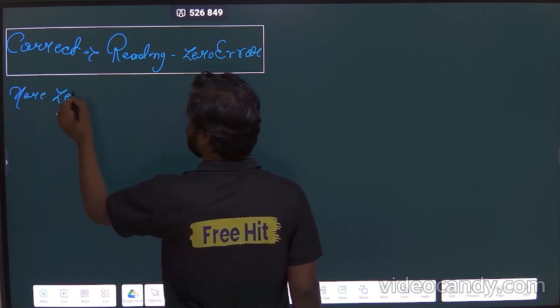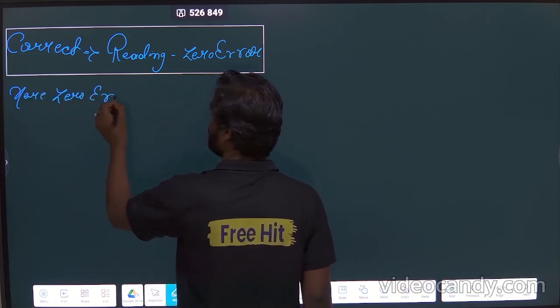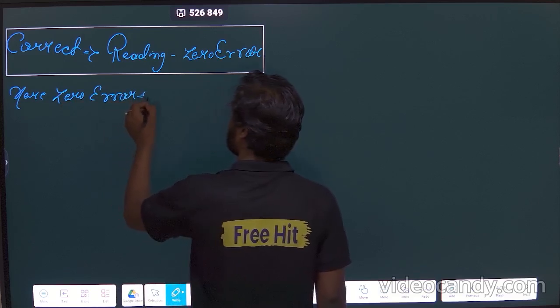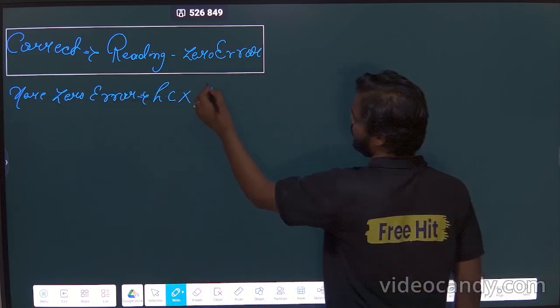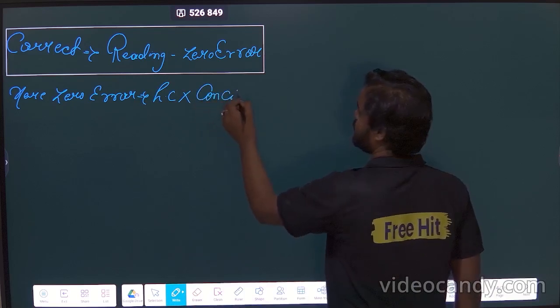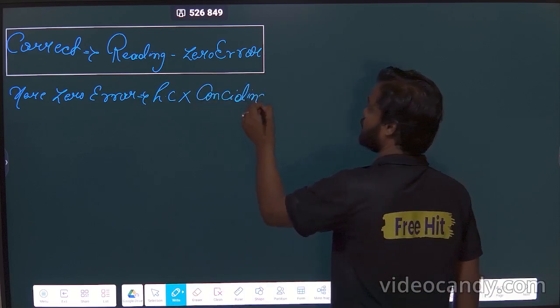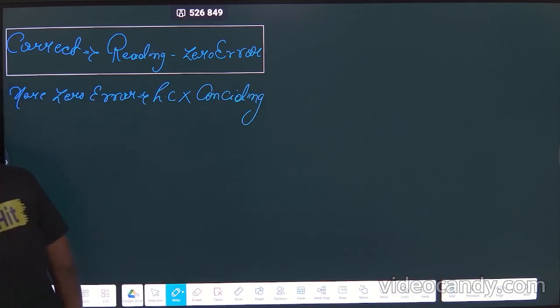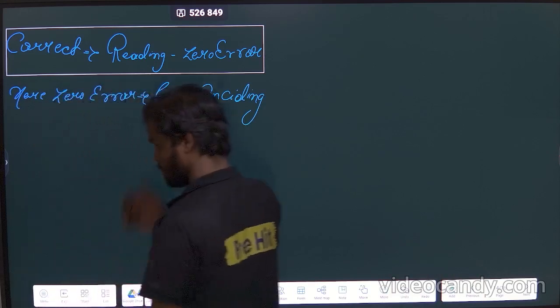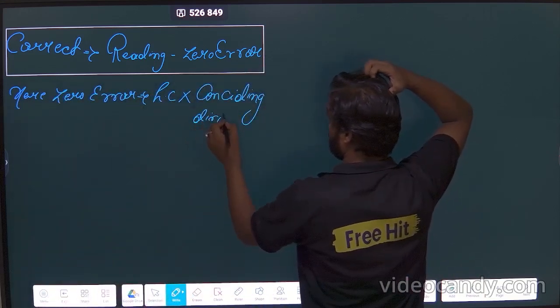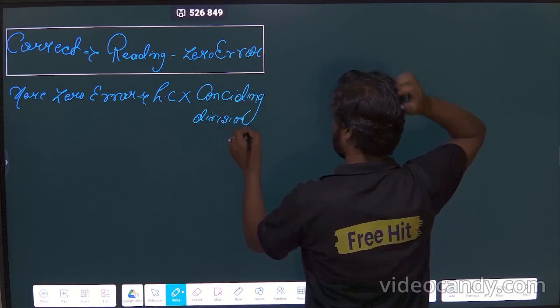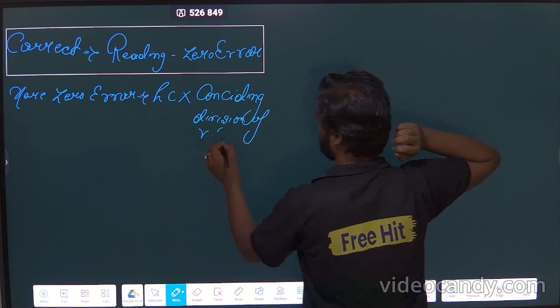Here, zero error is equal to least count into coinciding division of the vernier scale.